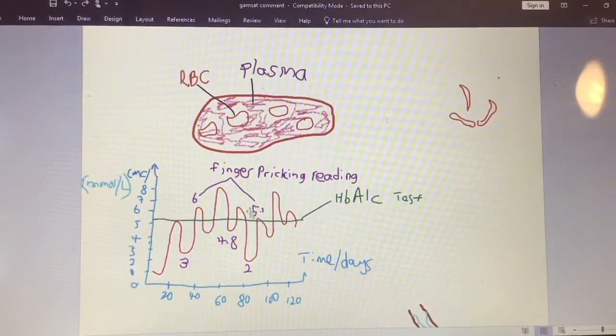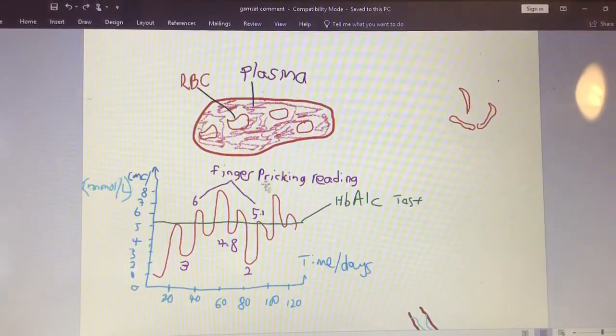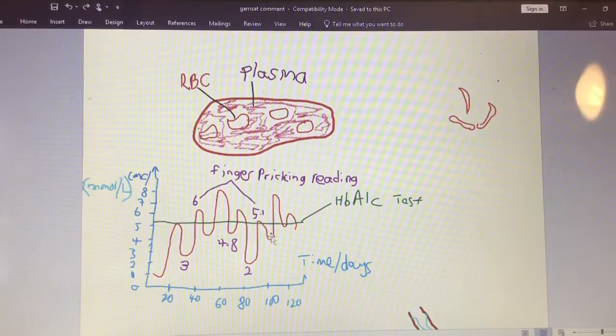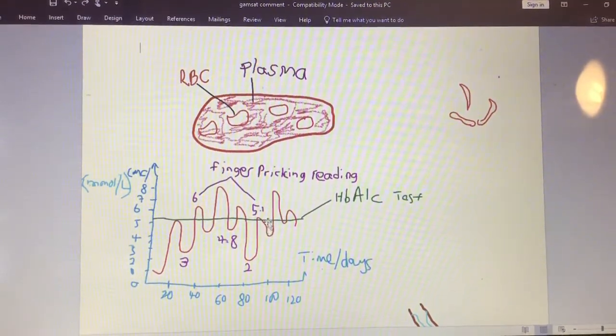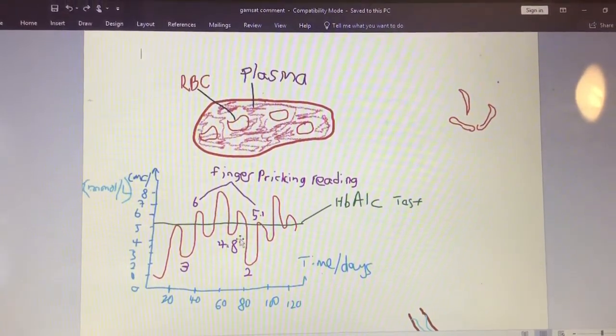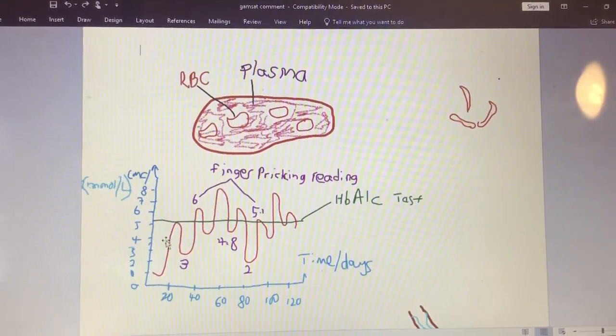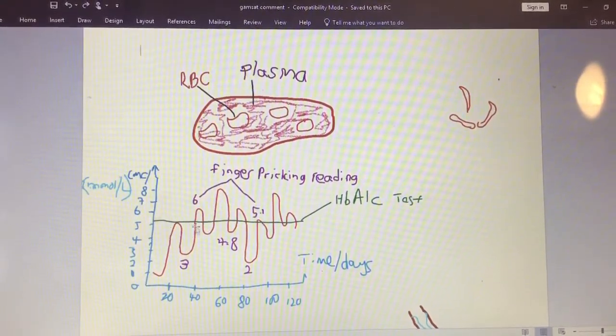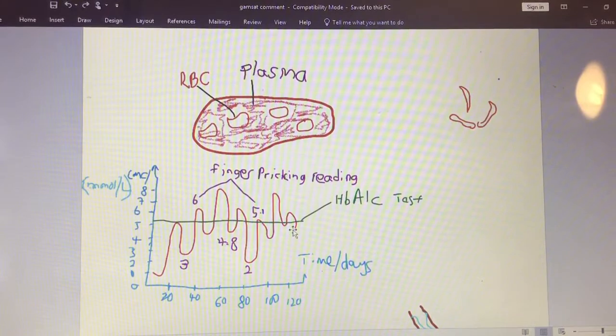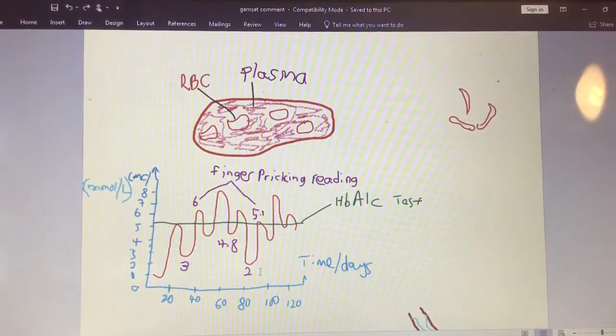So it's a better test. The HbA1C is a better test to measure the blood glucose level for people with diabetes, because it takes into consideration the whole lifespan of the red blood cell, that's between 90 and 120 days, and gives you the average.